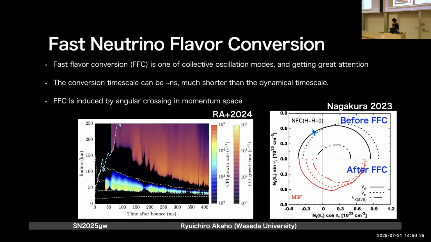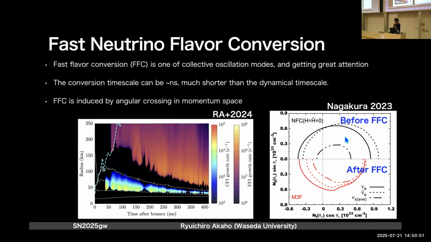The solid line is the electron type neutrino, and the dashed line is the electron type antineutrino. You can see there is a crossing here. The antineutrino is more forward peaked in this region, and this kind of crossing is known to be the condition for FFC.